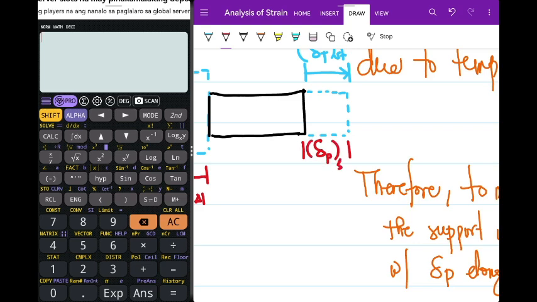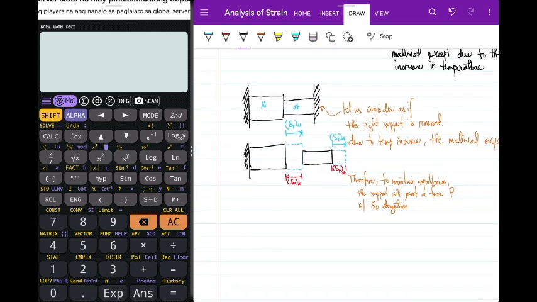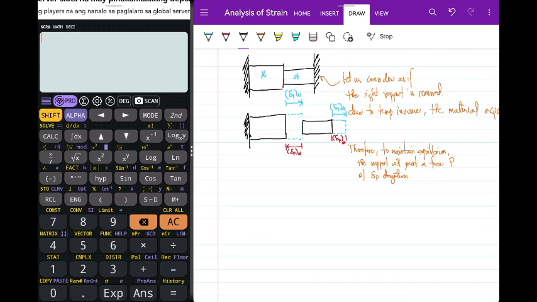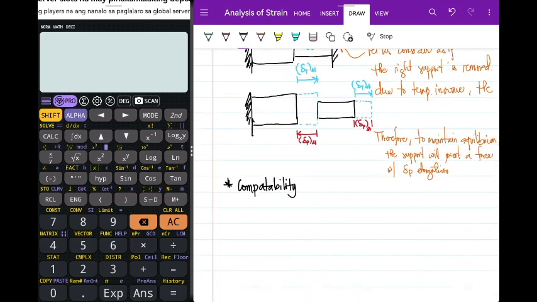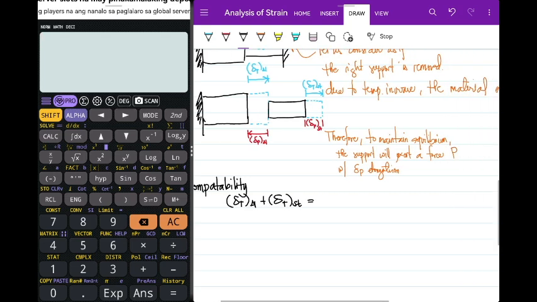Since the material is stopped from expanding, internal forces will manifest in the material, because again the material will really try to expand. The force that the material is exerting on the fixed support increases over time as temperature also increases, but our rigid support exerts an equal but opposite force in order to maintain equilibrium by virtue of Newton's third law.